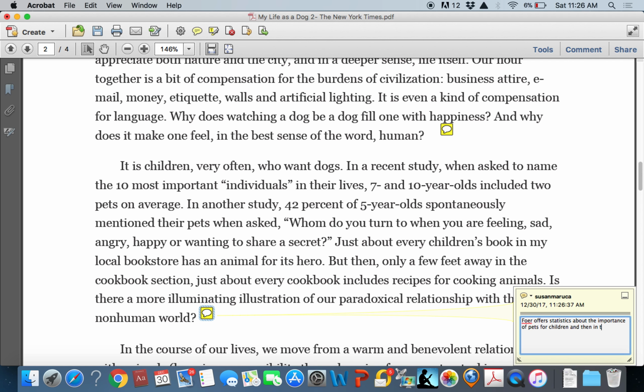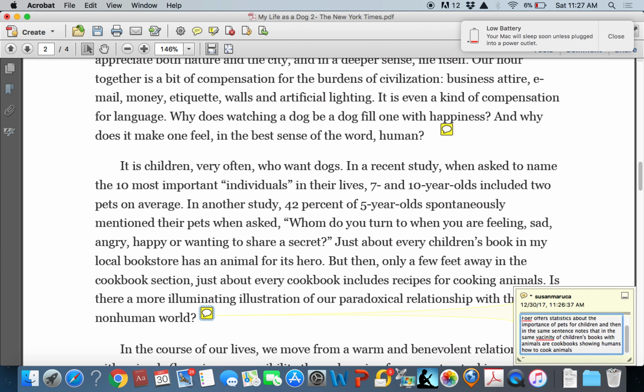And then in the same sentence, notes that in the same vicinity of children's books with animals are cookbooks showing humans how to cook animals.